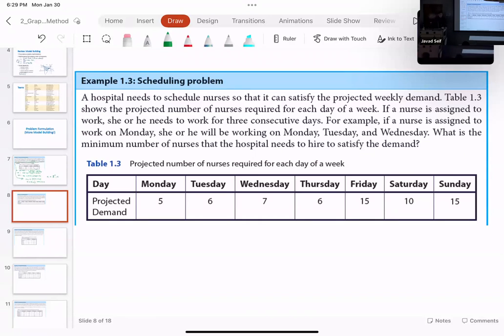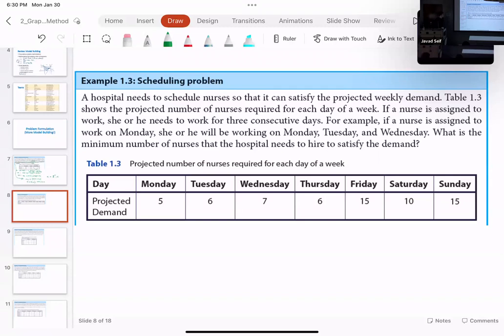How many constraints do we have before even formulating? Like how many conditions do we have? One is 3 consecutive days. That's one. Another one is satisfying the demand. Because if you ask the computer without the constraints what's the minimum number of nurses, it says 0, right?